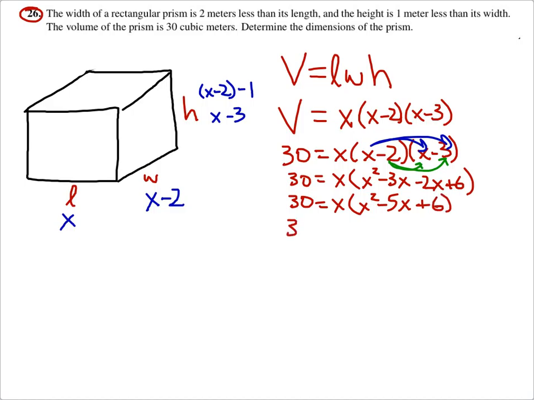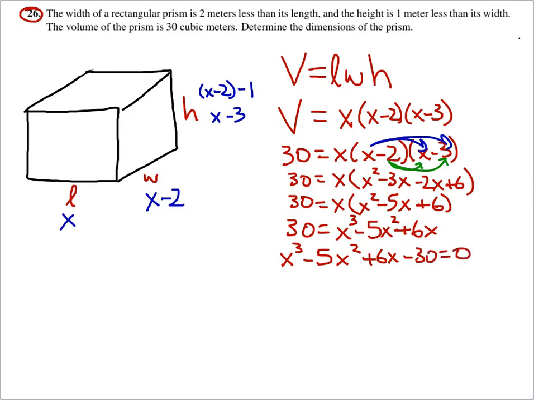So 30 equals x to the third minus 5x squared plus 6x. We're doing great. However, not quite 0 yet. If you move the 30 over, you get x to the third minus 5x squared plus 6x minus 30 equals 0. Now, we are ready to use all of the tools we have so far.